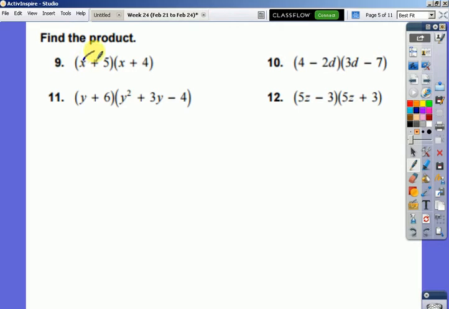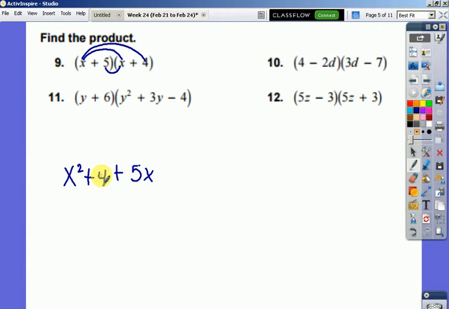So, FOIL says to do the first, which we're just distributing, the first term to the x. So x times x is x squared. And then we do our outer. So again, we're just distributing the x to the 4, so that's plus 4x. Then we do our inner, which is 5 and x. So that's just plus 5x.